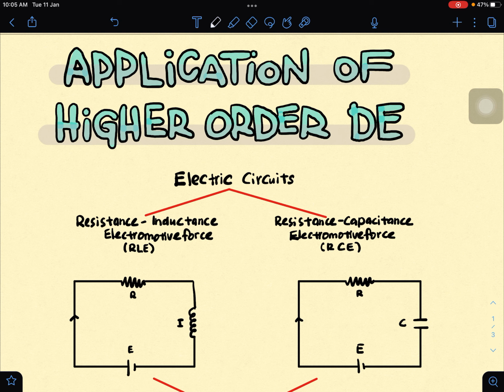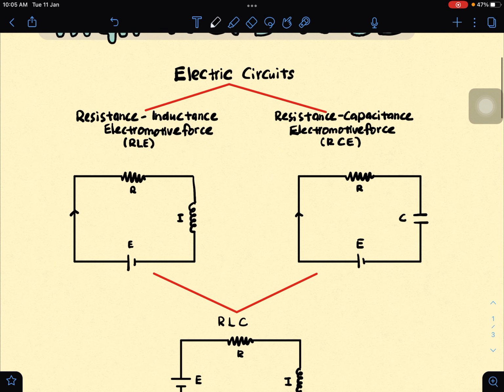So as in first order differential equation that we learned before, we have learned one of the applications of first order differential equation is the electric circuit, where in the electric circuit we divide it into two types, which is the RLE circuit and RCE circuit, where the RLE circuit is the resistance inductance electromotive force circuit, and also the resistance capacitance electromotive force circuit.